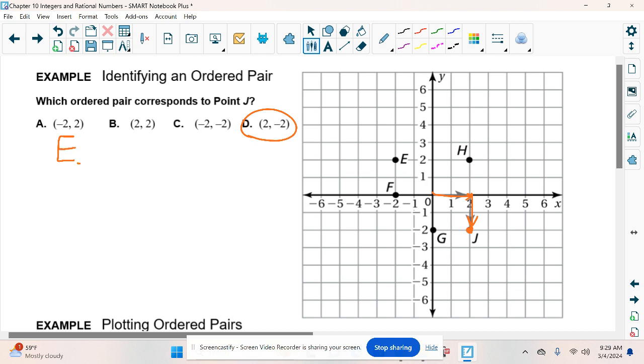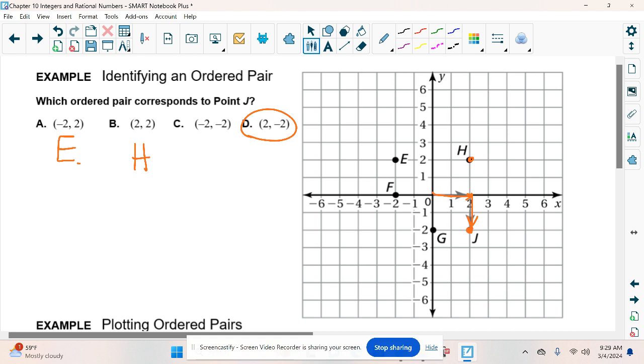Okay. What if I want to go positive 2, positive 2? I start at 0 and I go positive 2, up positive 2, and I get H. Then how do I get to -2, -2?